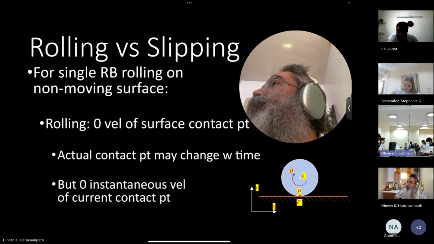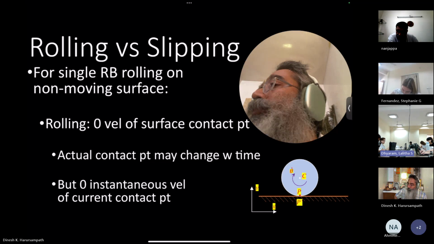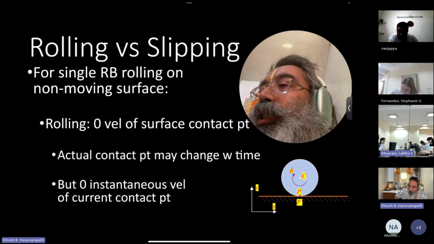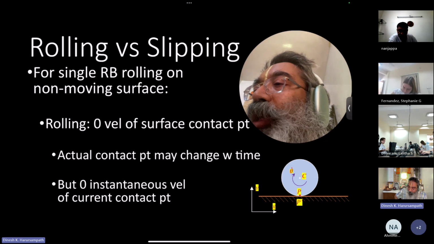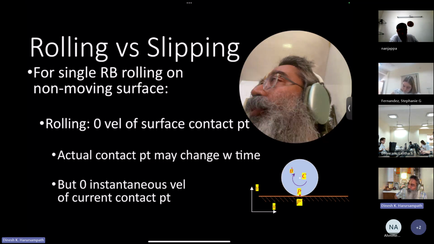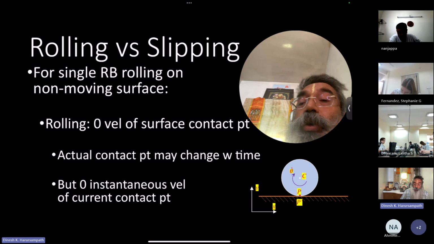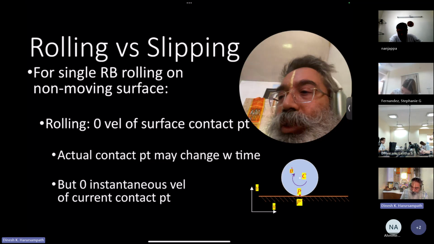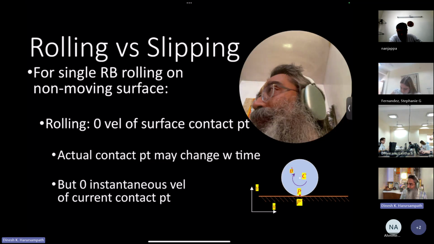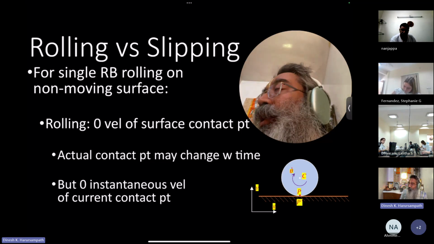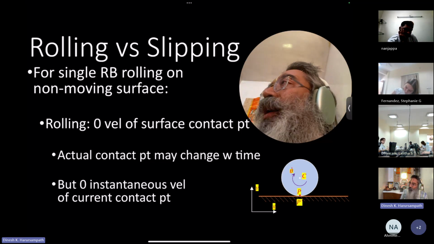I'm curious to know, in which reference frame are we saying that there's zero velocity of the contact? So it's the reference frame that we have introduced, this I that we're talking about. No, I'm sorry, they're talking of the relative velocity between P and P prime. If you're talking of the velocity of P, then it is with respect to the surface, because P is a part of the cylinder.